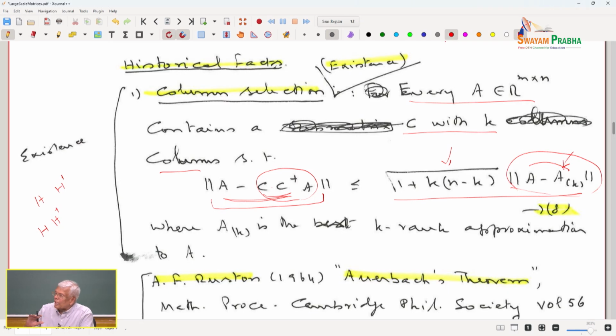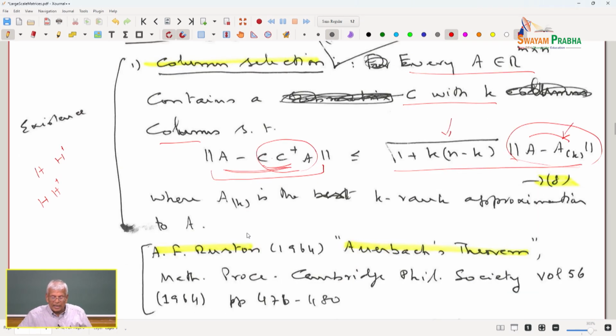To do the best k rank approximation, you have to do the general SVD on the whole matrix. Now, we did not do a general SVD on the whole matrix, we did an SVD on the reduced matrix. So, the reduced matrix is going to provide an approximation. This relates to the existence of quality approximation when we seek a subset of columns of A to get a k rank approximation.